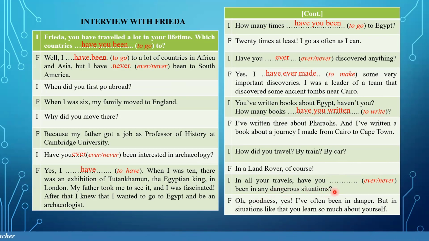Remember that we use "ever" in the question. Have you ever been in any dangerous situations? Freda: Oh, goodness, yes. I've often been in danger, but in situations like that, you learn so much about yourself.